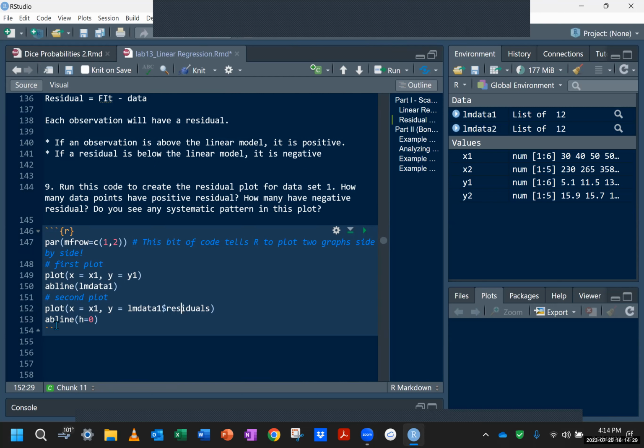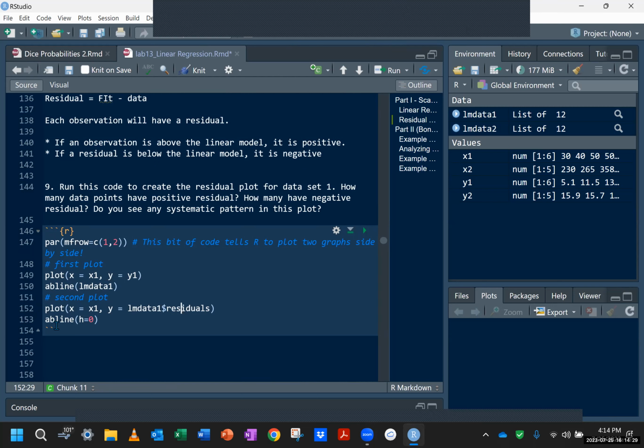So let's run our linear model for data set 4, and let's plot it with the residuals. I'm going to put it on one plot so we can see it all together.